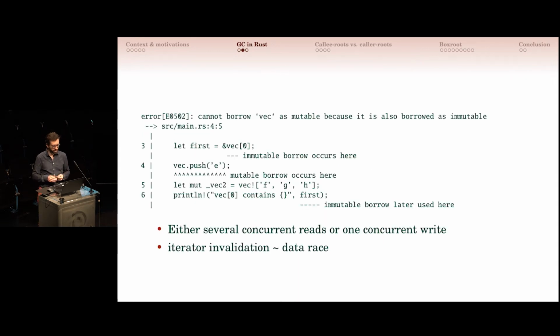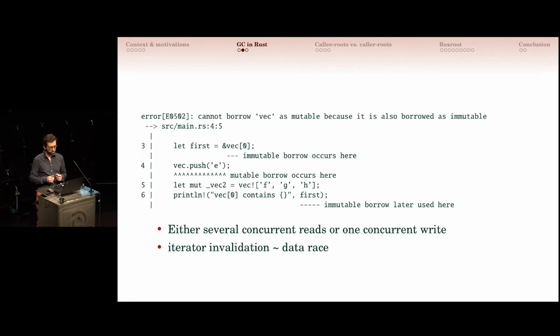But in Rust, you get an error message that says that you cannot both keep a reference into the vector and try to reallocate it. So it is detecting that there is a possible read which is happening concurrently with a write.